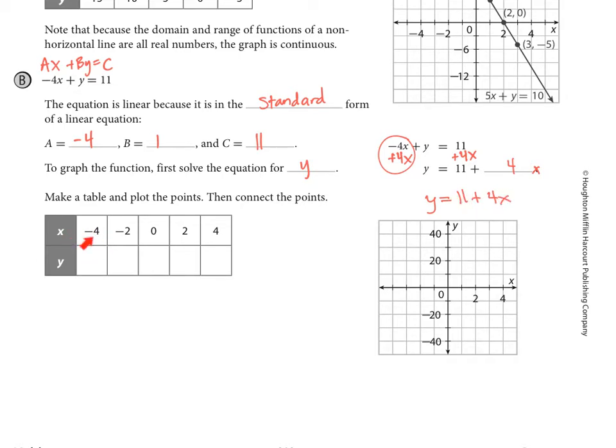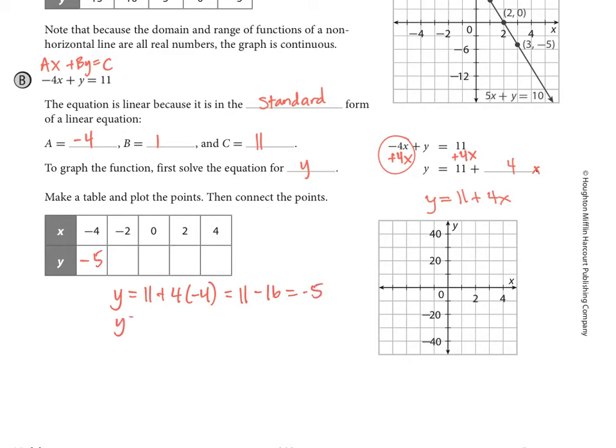So go over here to the table of values. Negative 4: negative 4 times 4 is negative 16, plus 11 is negative 5. If I want to show some work, it's y equals 11 plus 4 times negative 4, which gives us 11 minus 16, which is negative 5.